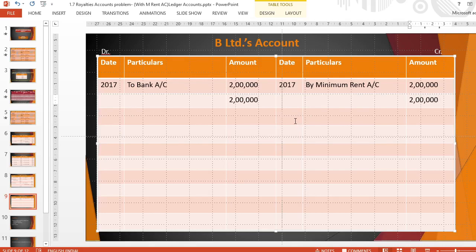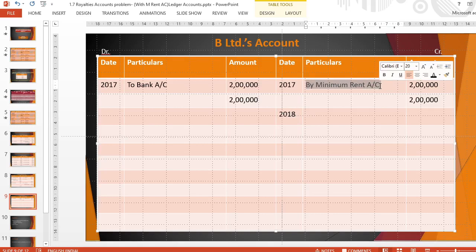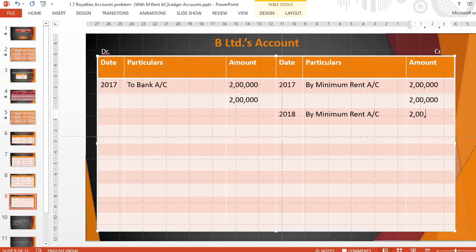Then again, in the year 2018, the same transactions repeat. For the minimum rent due, the entry is minimum rent account debit to lessor's account, and again the due amount is 2 lakh. In the year 2018, we need to record the payments: lessor's account debit to bank account.